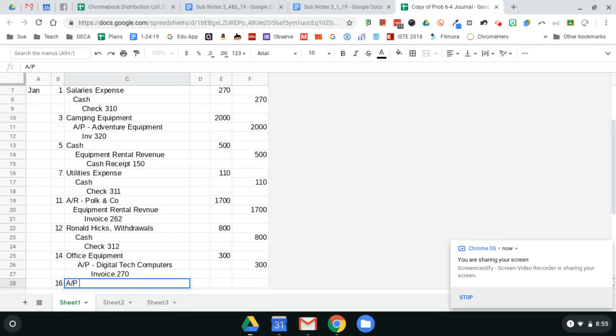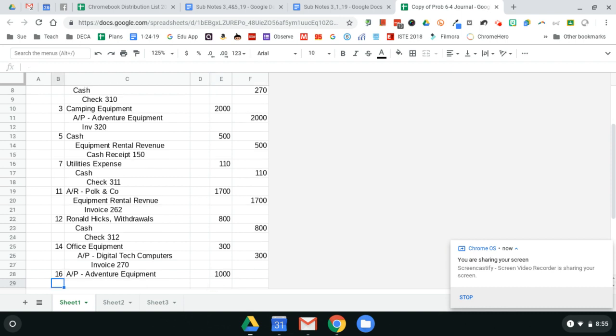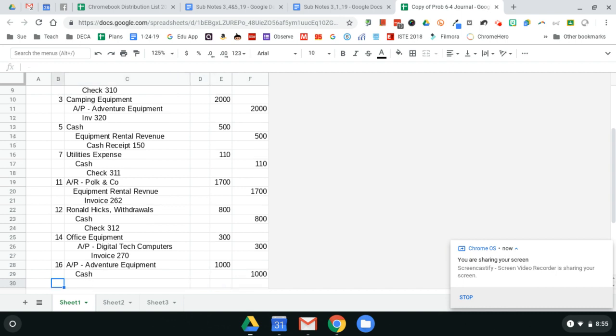So we'll put that here. We're decreasing the accounts payable, and we are also decreasing cash. And that's going to be a check 313.